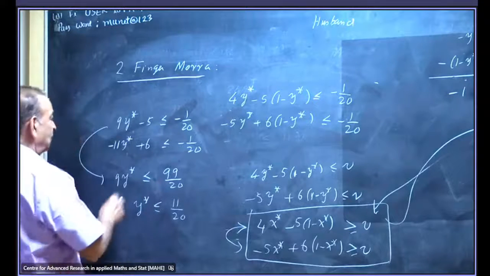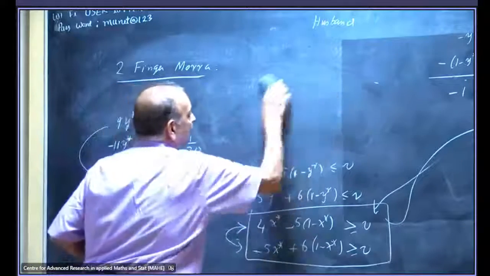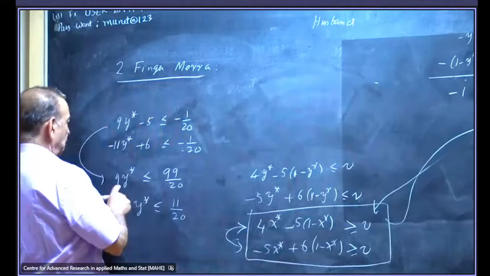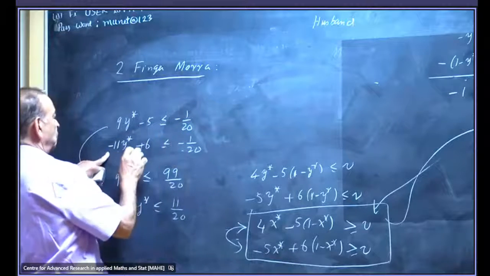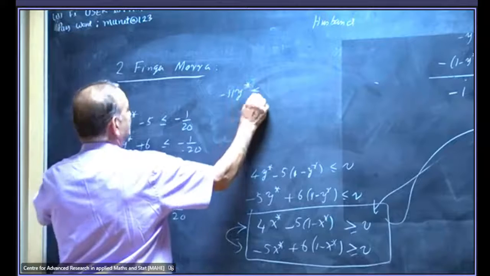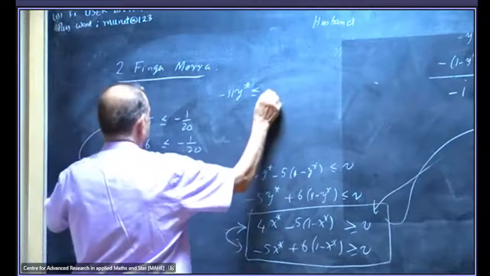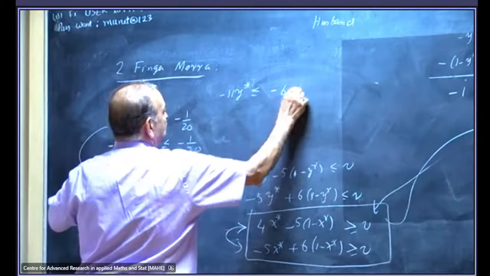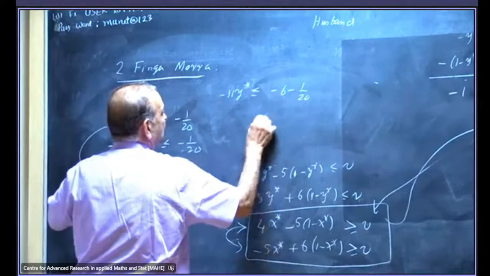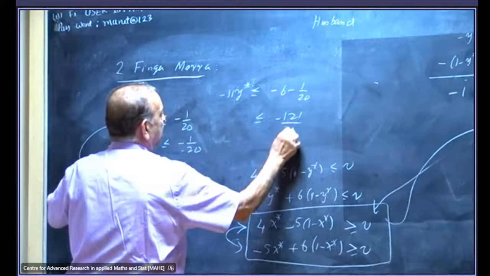Okay? Now let us go on plugging this one. So minus 11y star is less than or equal to, adding minus 6 to both sides, minus 6 minus 1 over 20, which is minus 121 over 20.